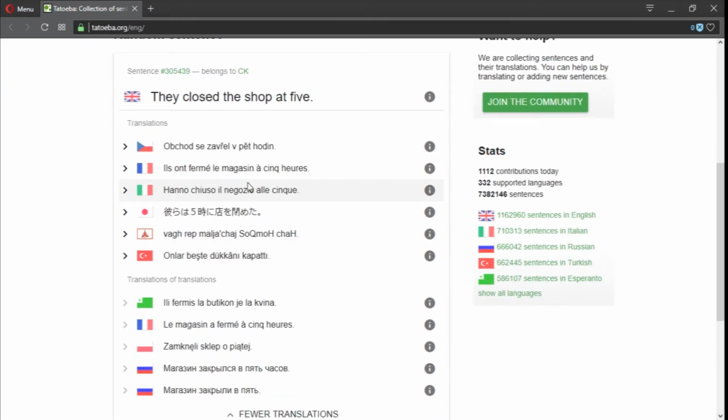So if you are learning a new language, or you already speak a second or third language and you want to keep track of your vocabulary and stuff, you can contribute to this project by making translations.